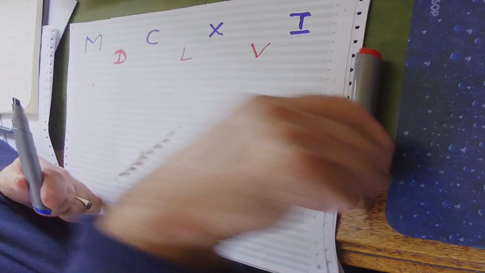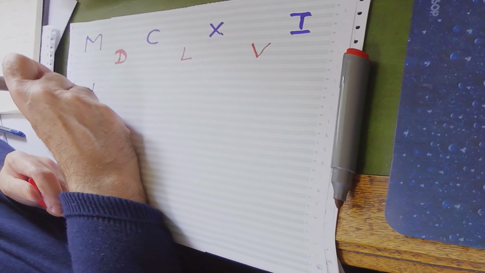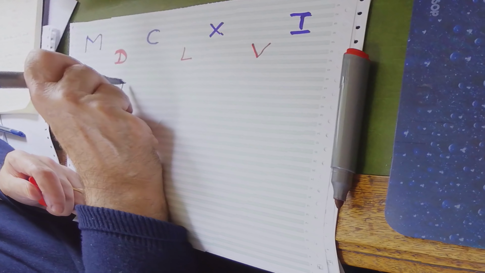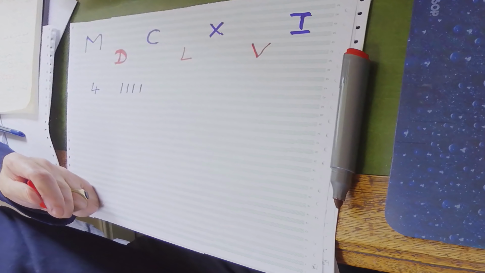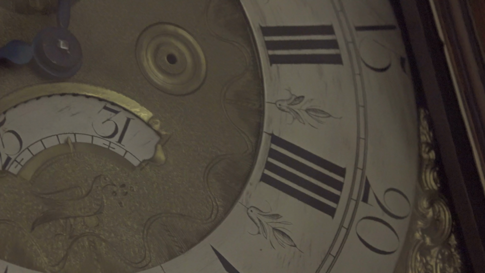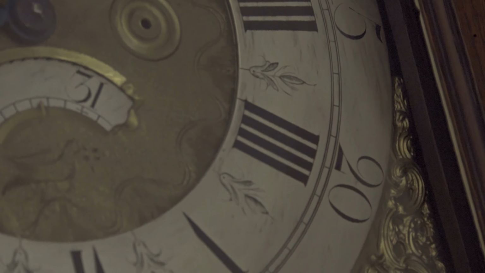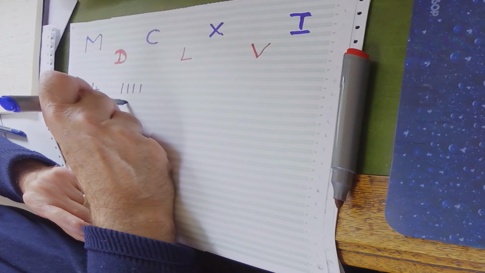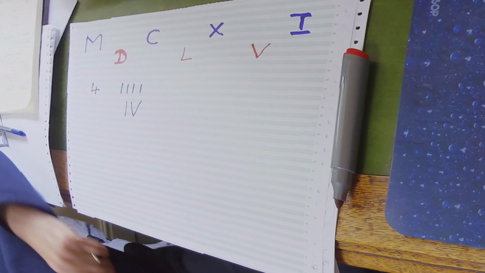So I would ask you to consider 4. You can do that in Roman numbers as 4 ones. I have a clock in my lounge and it's full of Roman numbers all the way around, and it does 4 as 4 ones. But it is also an option to do 4 as IV.